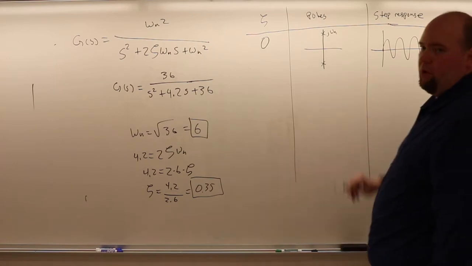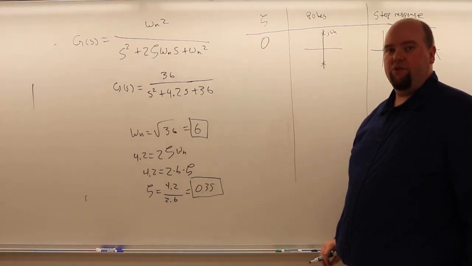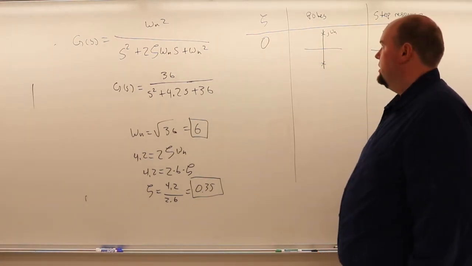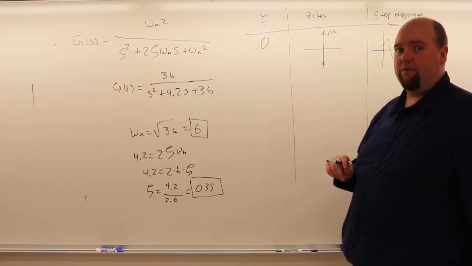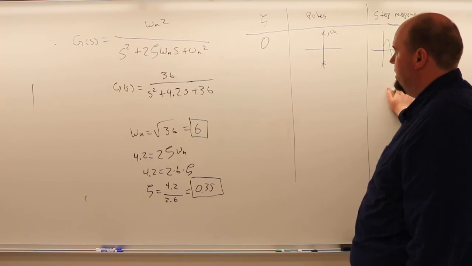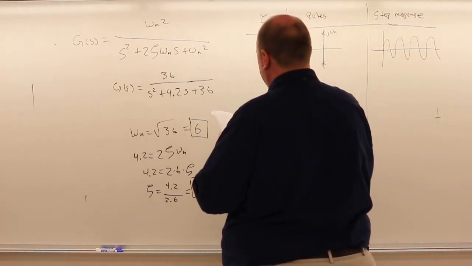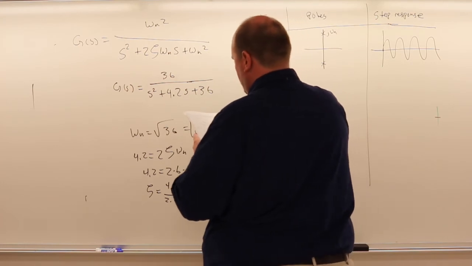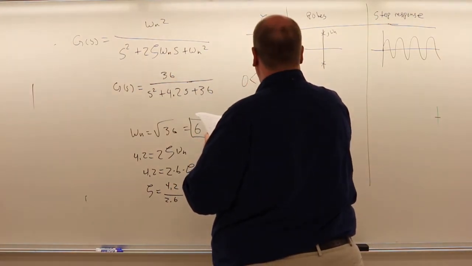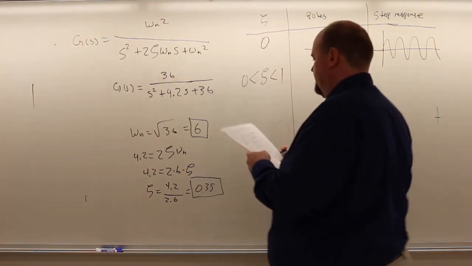So you know that we have poles on the imaginary axis. Those are going to be undamped sinusoids. Those are going to be sinusoids that are not bounded by a decaying exponential. They're also not bounded by an increasing exponential. So we just get this undamped response here.